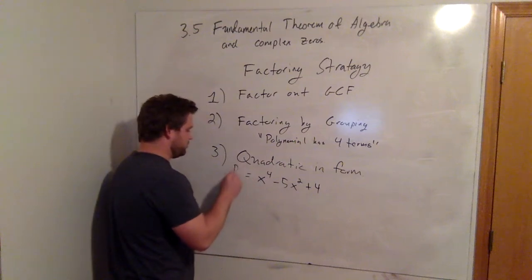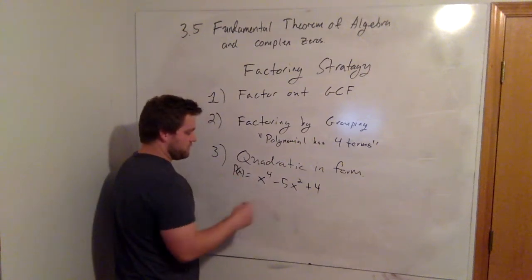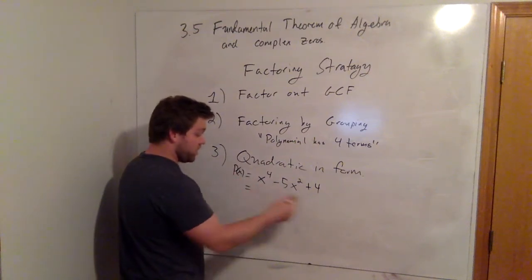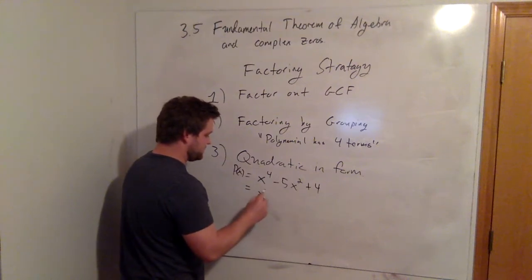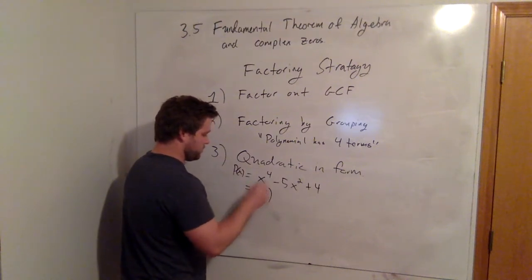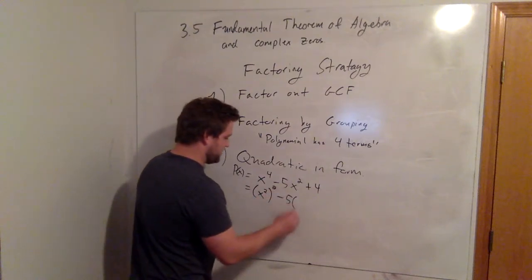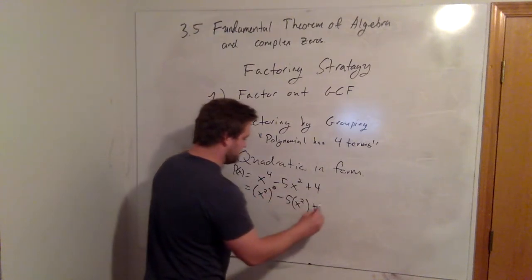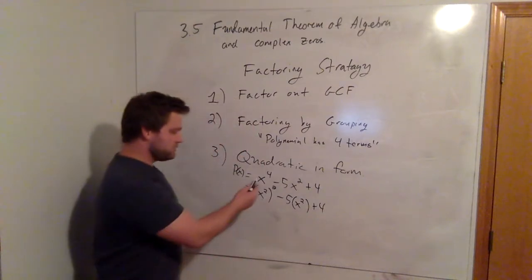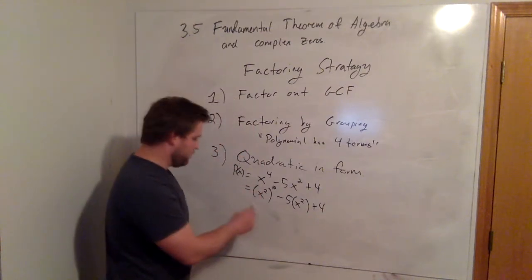This is a 4th degree polynomial, but it is quadratic in form because I can rewrite the x to the 4th as x squared squared, minus 5x squared, plus 4.